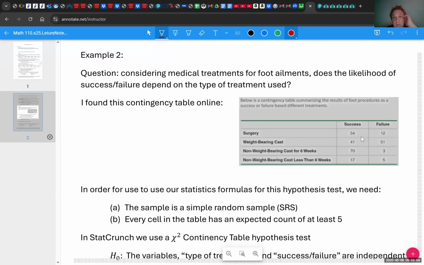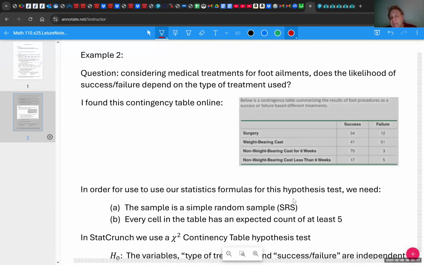All right, so we're going to test whether these two variables are independent, or rather, we're going to test whether we can refute that the two variables are independent. We can never really prove they're independent, just that we have enough evidence or don't have enough evidence to refute the claim of independence. And I'll just go over again the requirements for us to use our statistics.